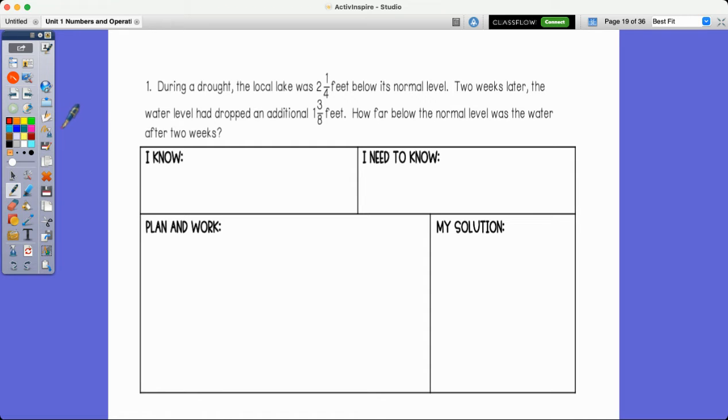Well, what do I know? Well, I know that it was 2 1/4 feet below normal levels. So this is a drop or decrease. And then I also know that it dropped an additional 1 3/8 feet.